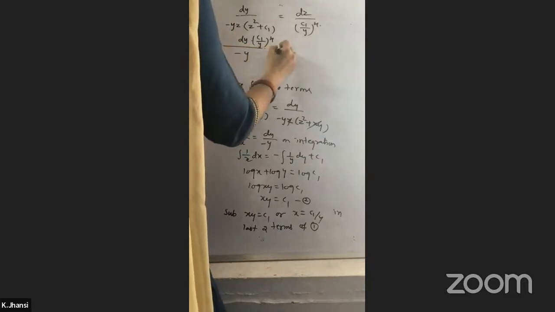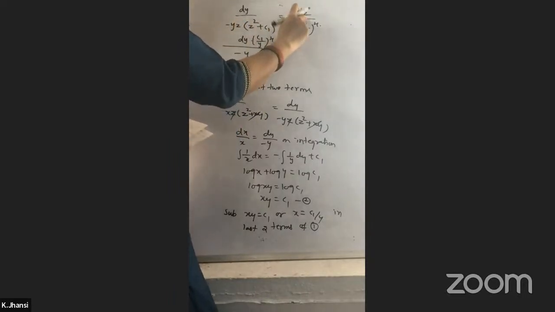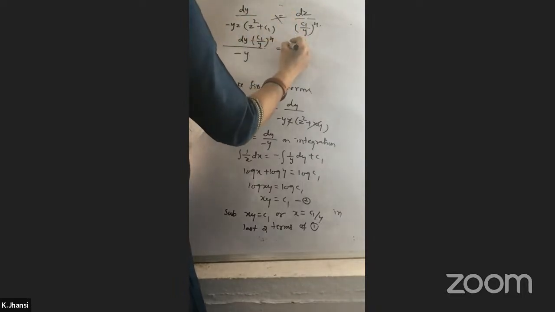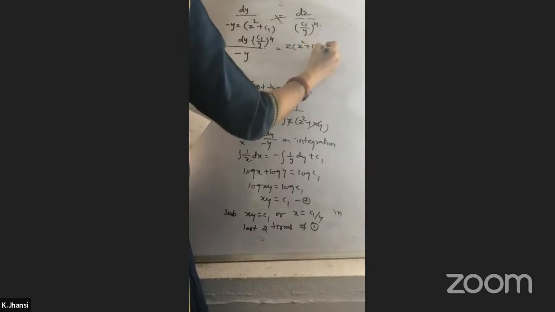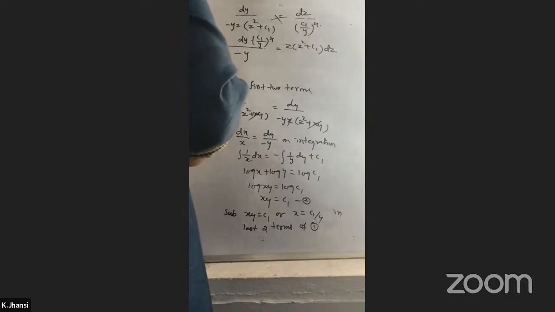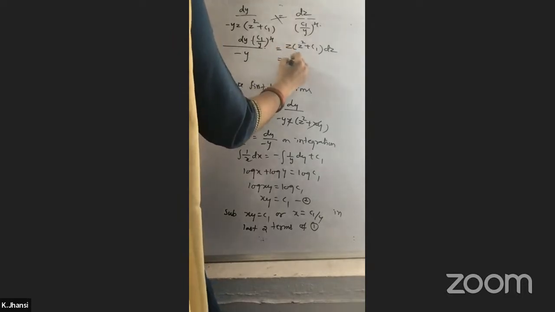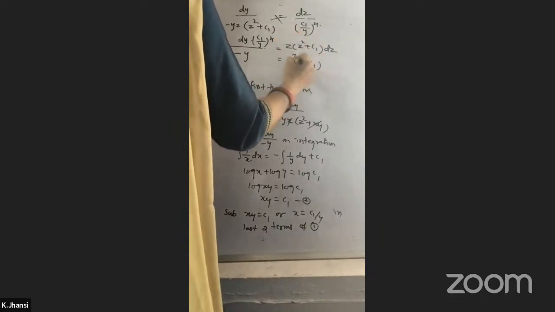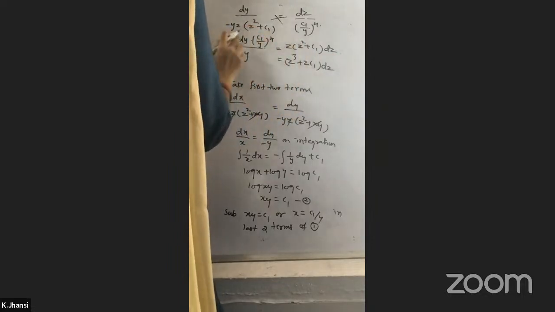Minus y equals this z into this term, this side cross multiplication. Okay, we do the cross multiplication. So z into z square plus c1 into dz. This is z square into z is z cube plus z into c1 into dz. And this is dy we have written here.